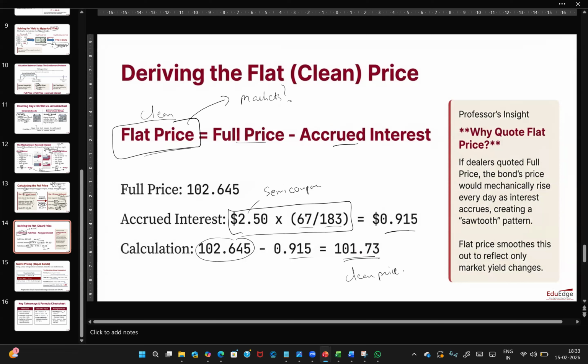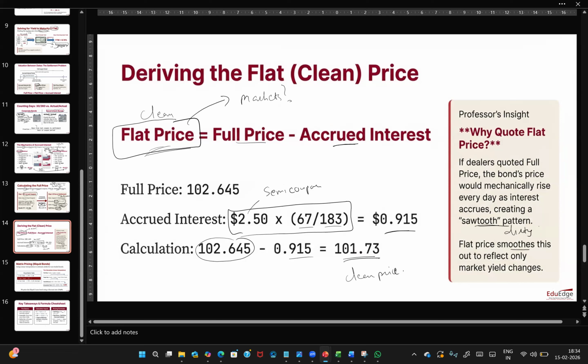Okay. So hence, to compare bonds of different prices and to create a more proper smoothing effect, we quote something called clean price. So flat or clean price are going to smooth out the sawtooth pattern, which is generally seen in dirty prices.